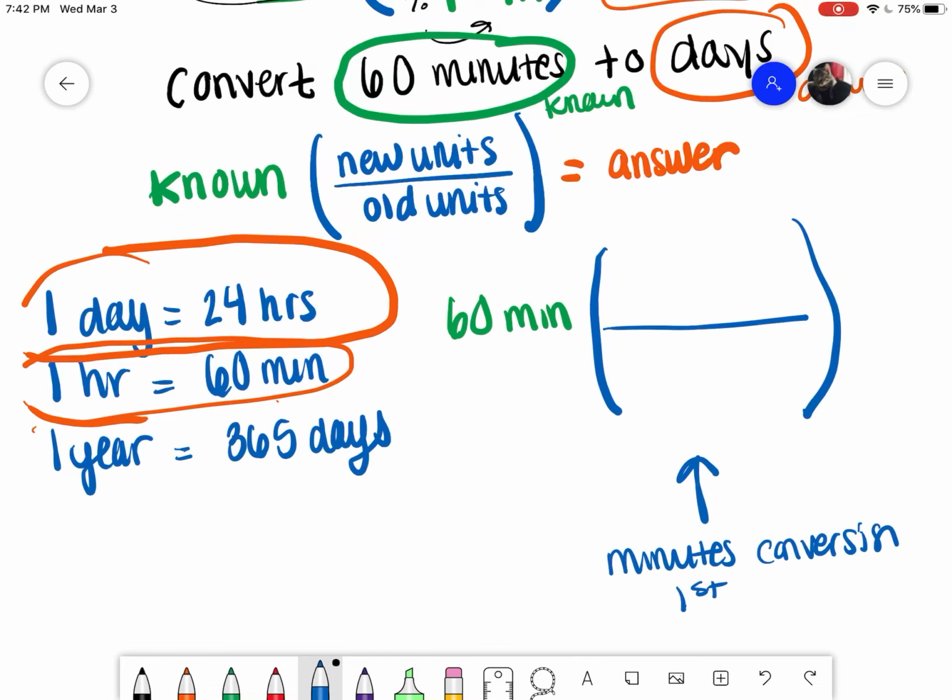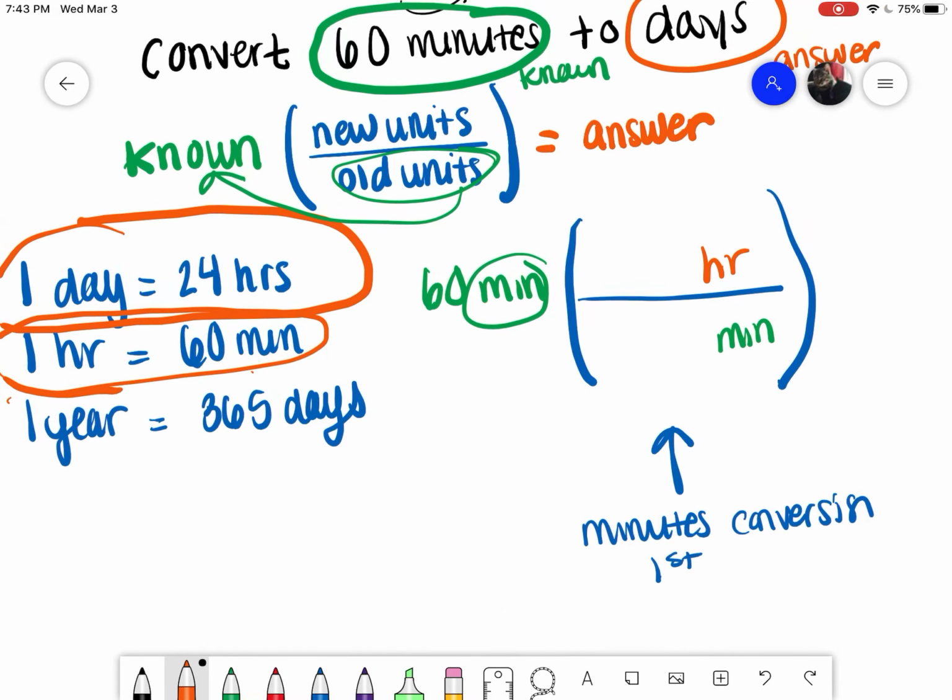So our old units are going to match what units are our known. So our units for our known are minutes, which means we also have to put minutes at the bottom. And the other units in our conversion is hours, so we're going to put that one up top.